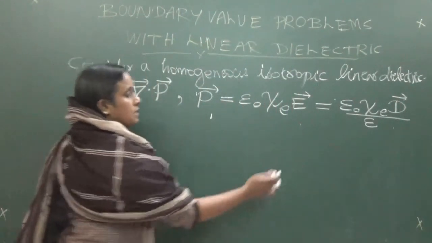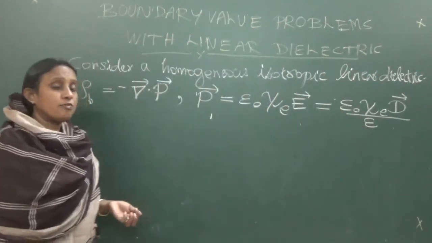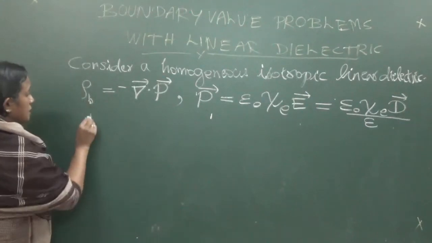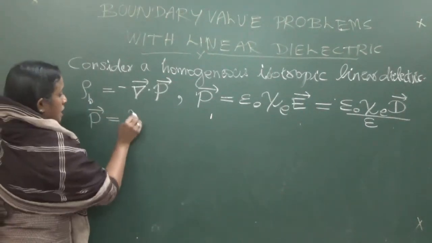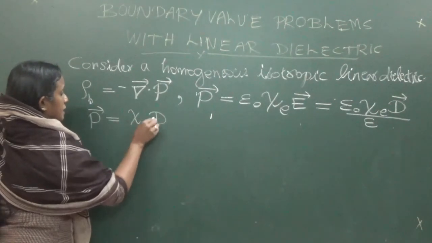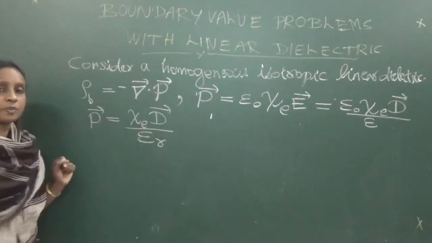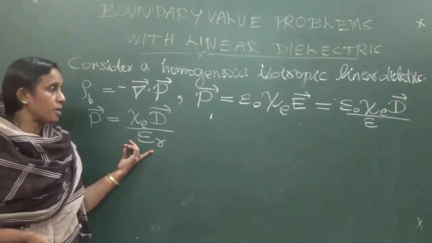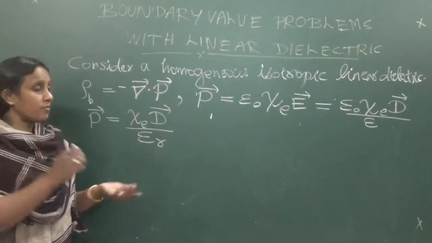Here epsilon 0 by epsilon is the inverse of the dielectric constant, so the polarization is given by chi e D by epsilon r. Epsilon r is the dielectric constant, epsilon by epsilon 0 is called epsilon r. We learned about this in our previous class.